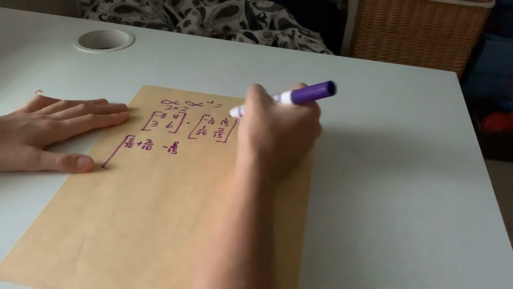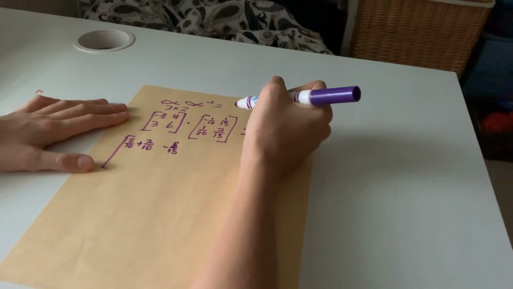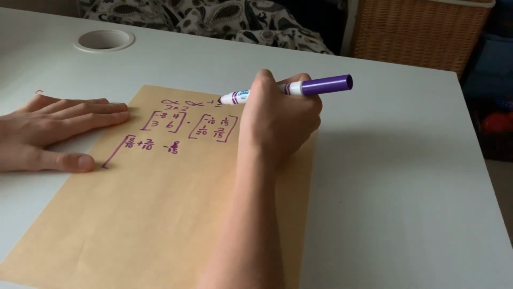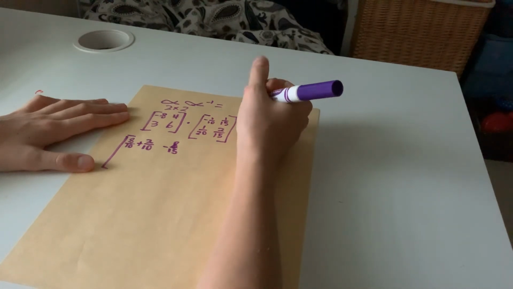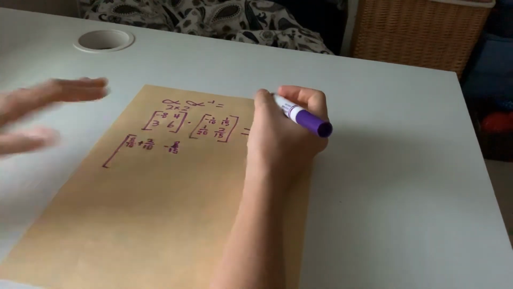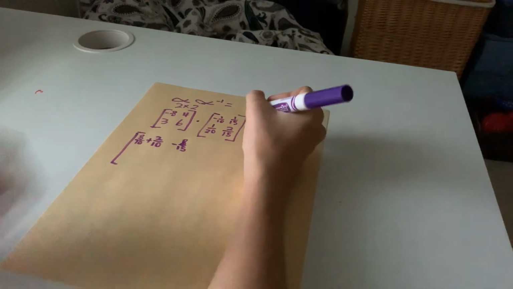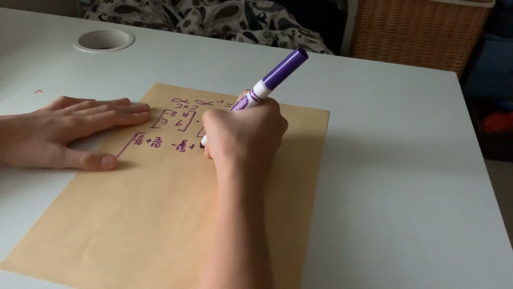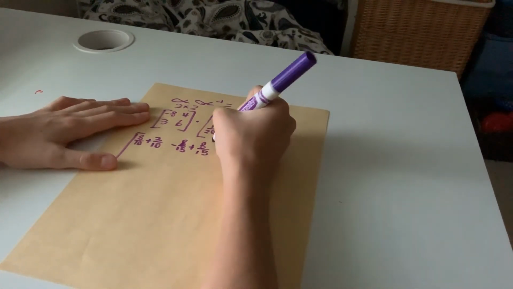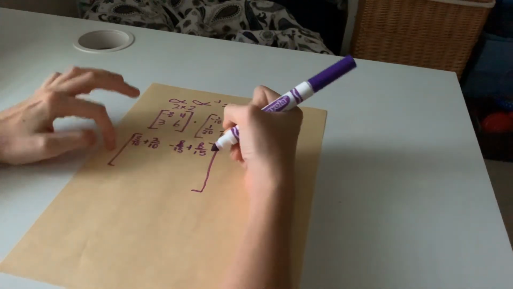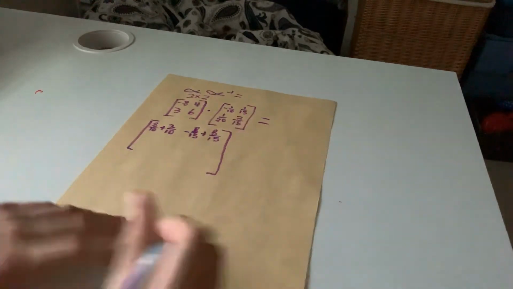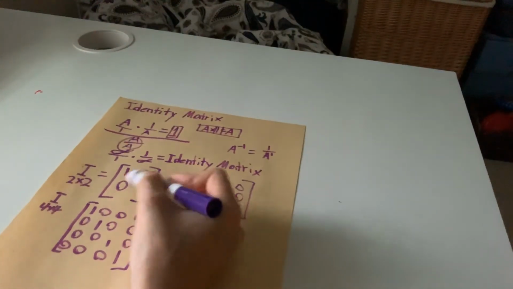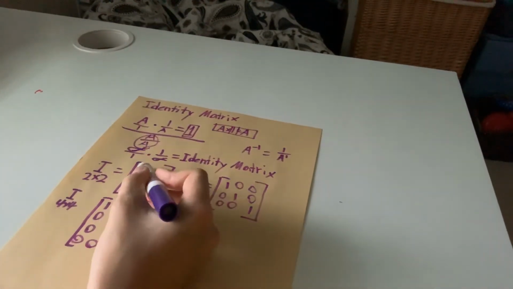Negative 8 multiplied by 1 over 15 is negative 8 over 15. Hopefully you guys caught that before I did. And 4 multiplied by 2 over 15 is positive 8 over 15. You guys can start seeing the pattern if you just simplify this. You can tell this is 1, this is 0. So far it's matching our definition of our 2 by 2 identity matrix. We've already got 1 and 0 here. That's a good sign.